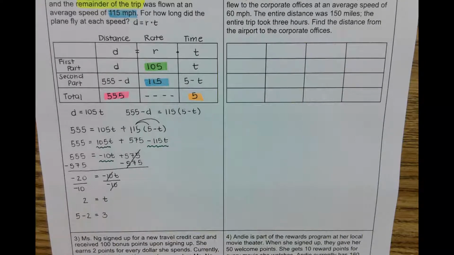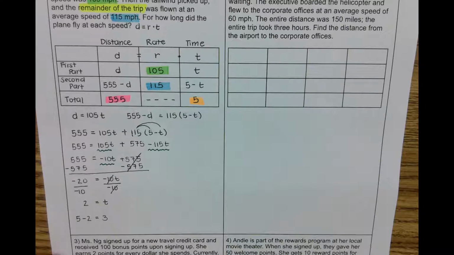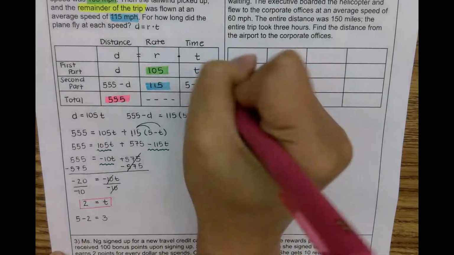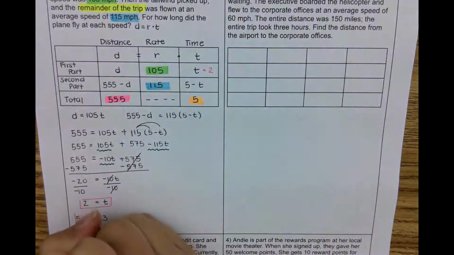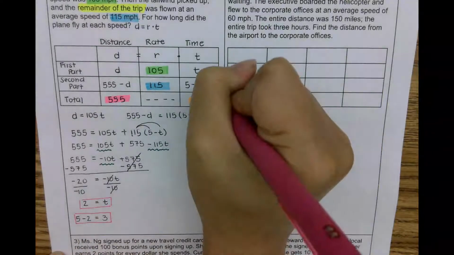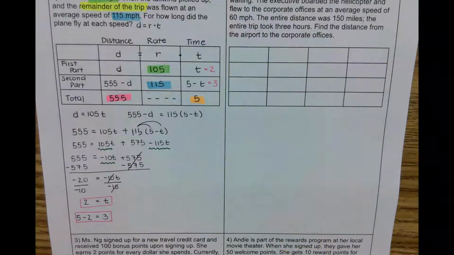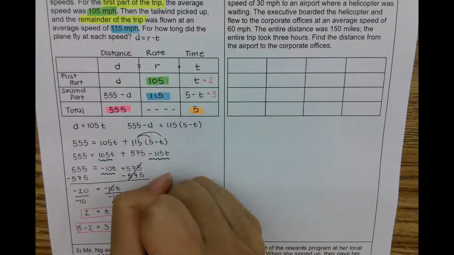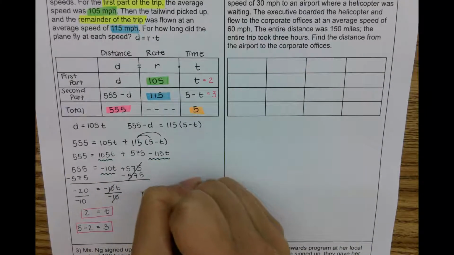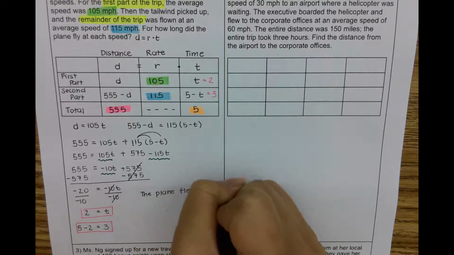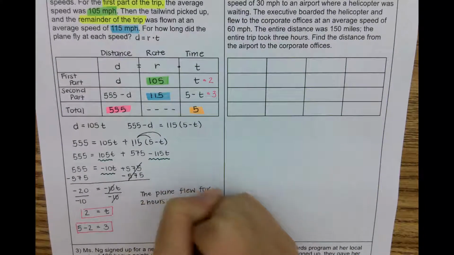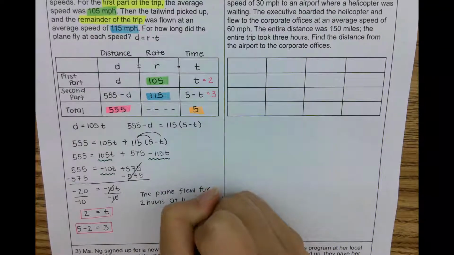So now that we have all this information, now that I know that t equals 2 is here, and that 5 minus t, or 5 minus 2, is 3, I now have all my information. So how long did the plane fly at each speed? The plane flew for 2 hours at 105 miles per hour.